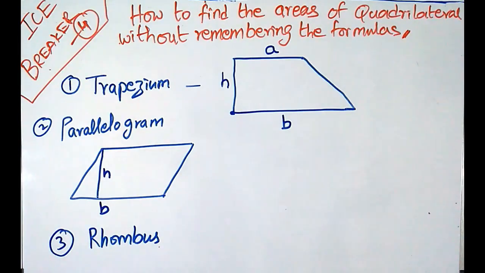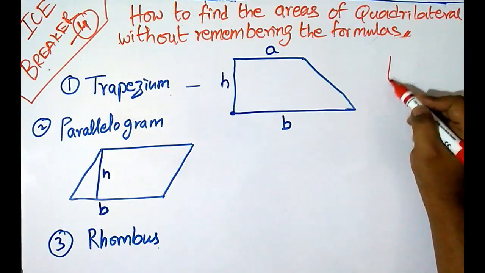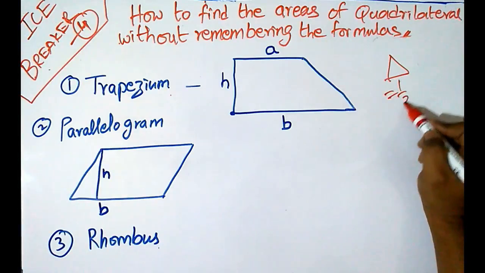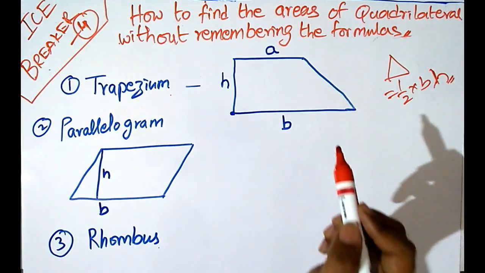In the classroom you can remember all the formulas, but in the examination hall you will be having so much pressure, tension, and if you don't remember the quadrilateral formulas, then what you have to do, that I am going to discuss now. You always remember the area of the right angle triangle, half BH. Everyone remembers this. Am I right, friends?